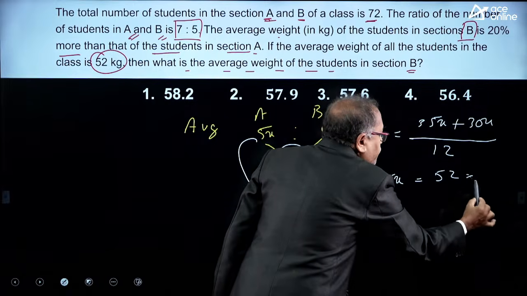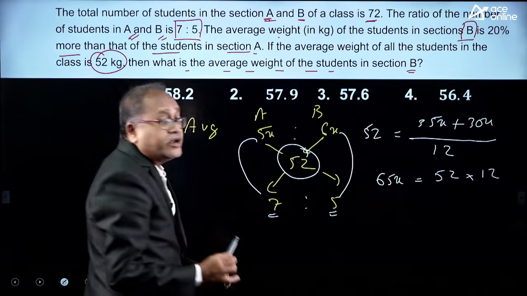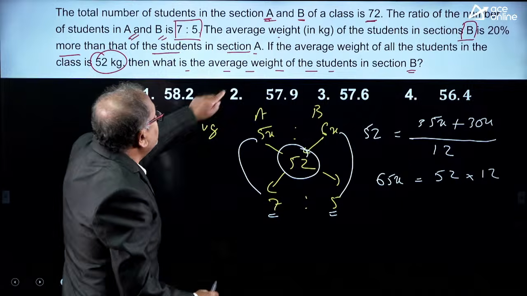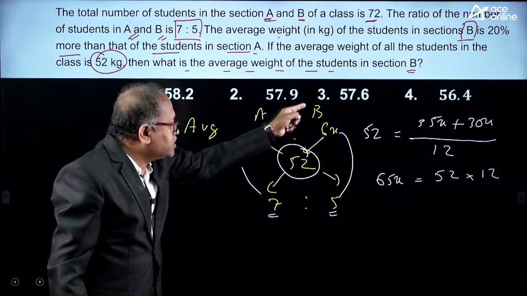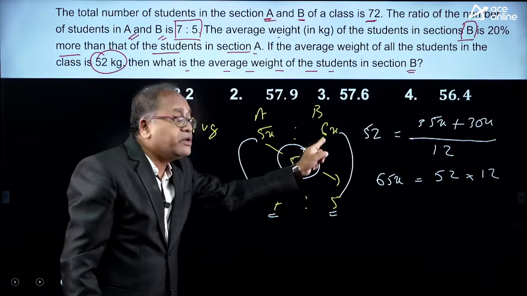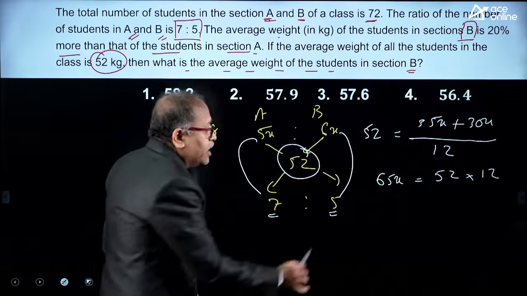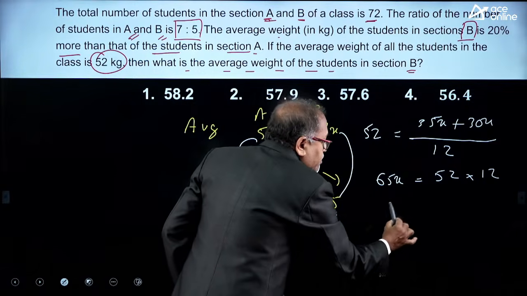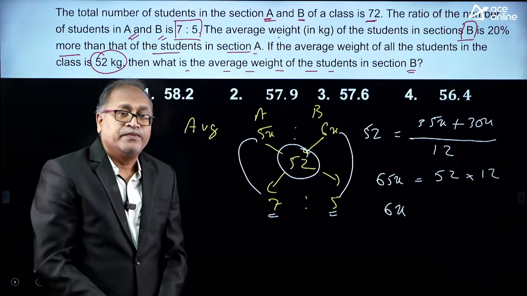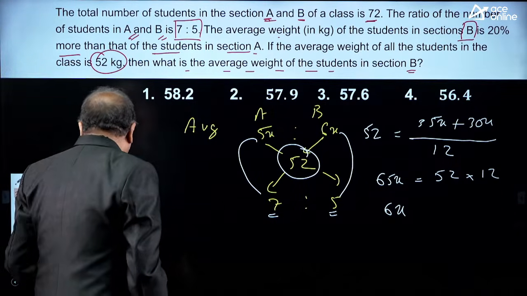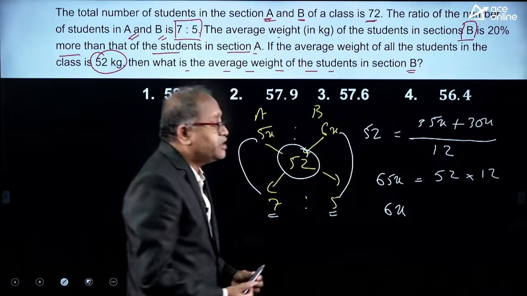Keep this in open format. What is my requirement? My requirement is the average of section B. The section B average is how much? 6x. I already know 65x. Then what is 6x? That I need to find out. Hope all of you are understanding it.